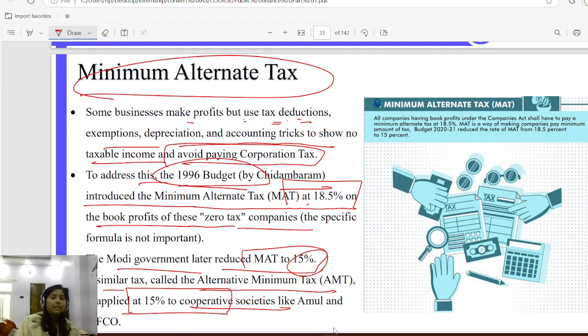But alternate minimum tax is charged on cooperative societies like Amul or IFFCO and other cooperative societies as well. So AMT and MAT are just a difference of which kind of companies it is imposed on. That's it.